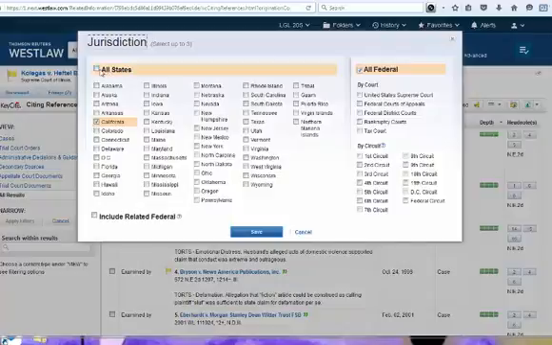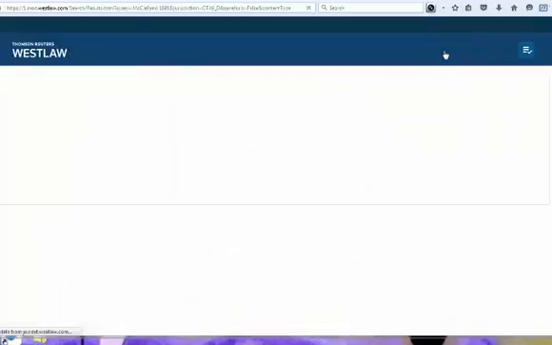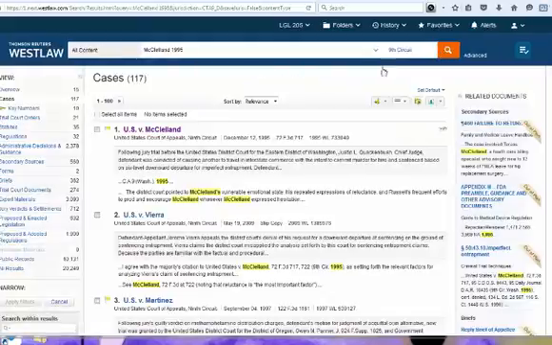We only want federal, and we want the Ninth Circuit. So now the library that we're searching is specifically the Ninth Circuit. We want McClellan in 1995. Let's see what we get. U.S. v. McClellan.